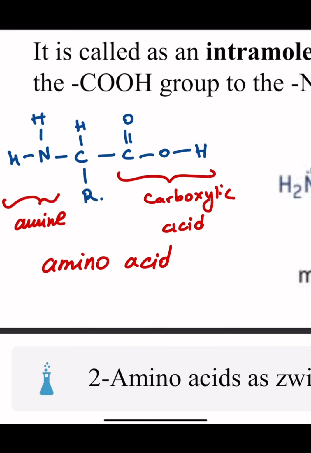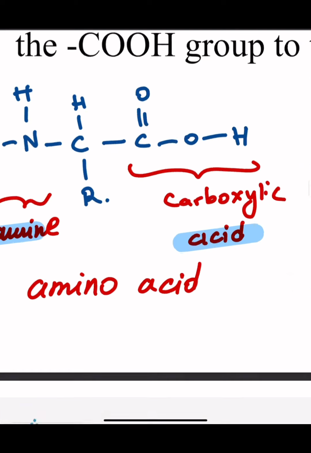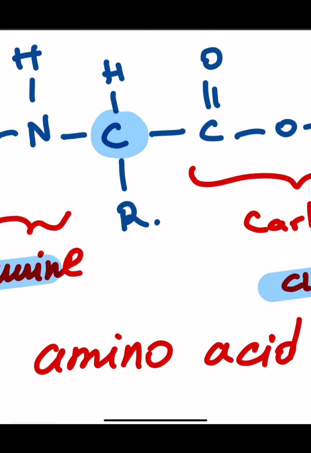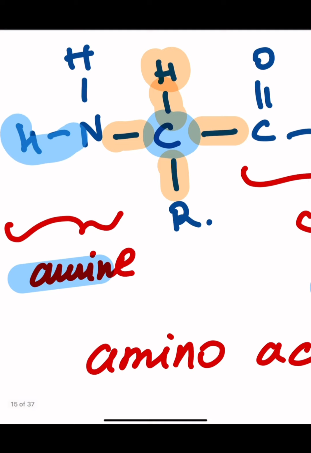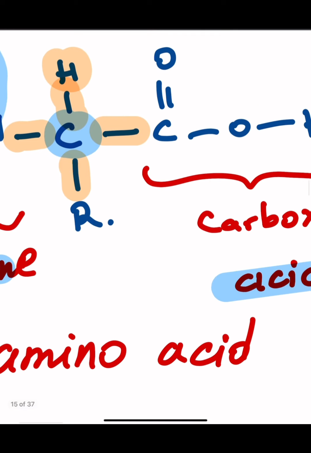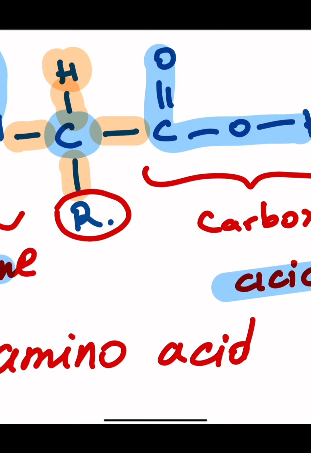What they did, they grabbed this amine side and then they made acid, amino acid. Now the primary carbon in here is having 4 bonds. So 1, 2, 3, 4. One of them is taken by hydrogen, the other ones are taken by amine and carboxylic acid, and the R in here is actually a variable, so it can change. Okay, change.